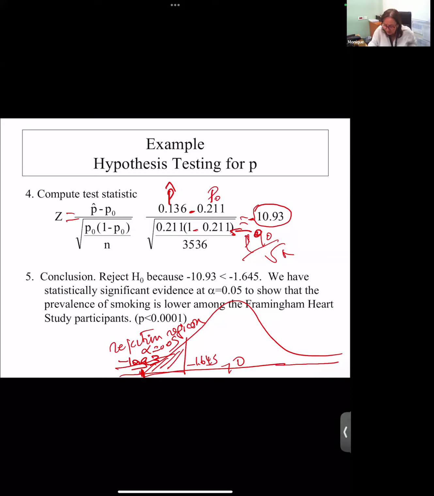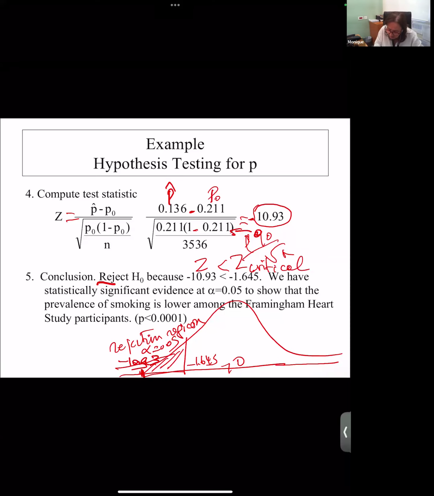The conclusion is we are in the rejection region. Since my Z is less than the critical Z, it means that I reject H0.